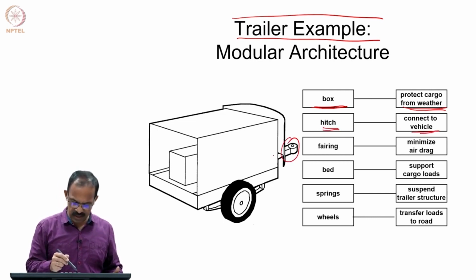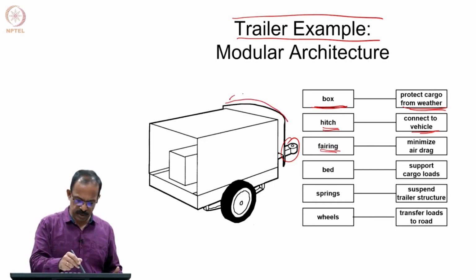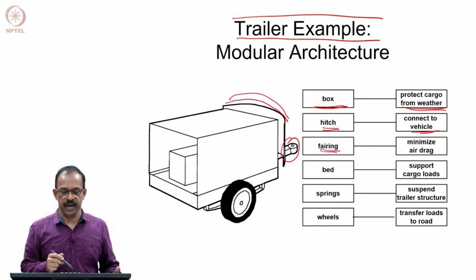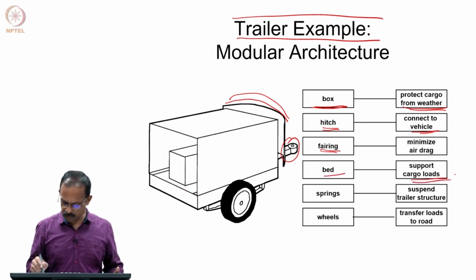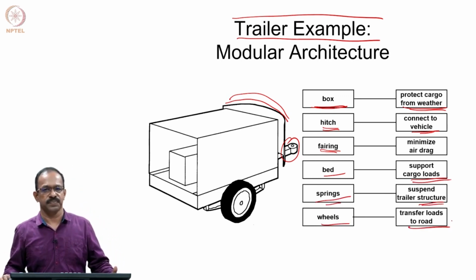Then there is the fairing, which provides the air drag reduction. Then there is a bed at the bottom to support the cargo loads, then the springs which suspend the trailer structure, and the wheels transfer loads.